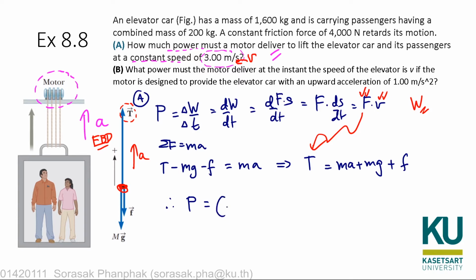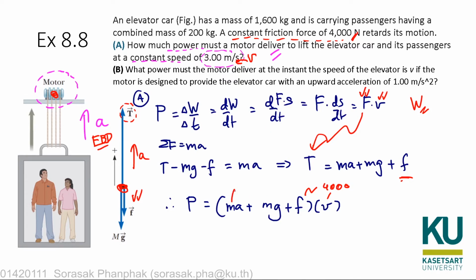So now you can determine power already. The power is the summation of the force involved in this part multiplied with velocity, since these parts have some constant friction involved in this motor. This is the free body diagram that's already explained. When you sub all the information in, the friction is 4,000 newtons.